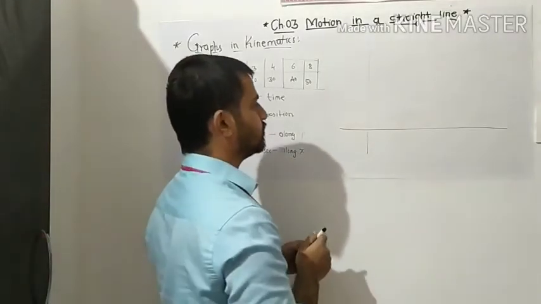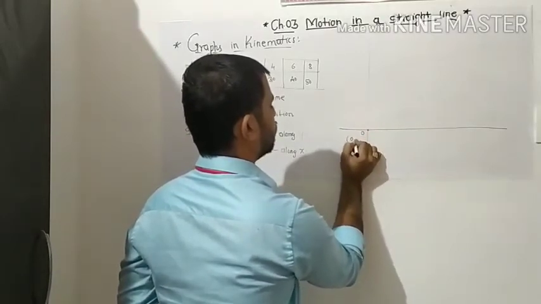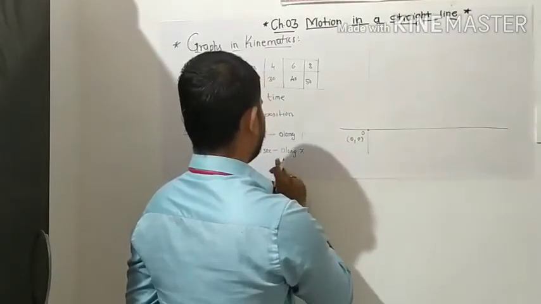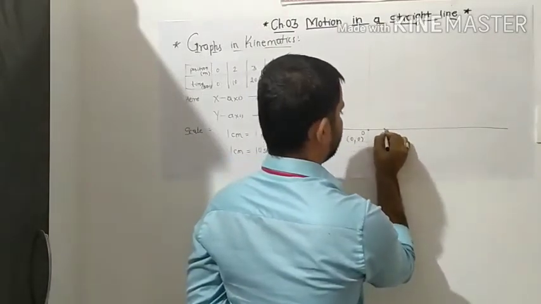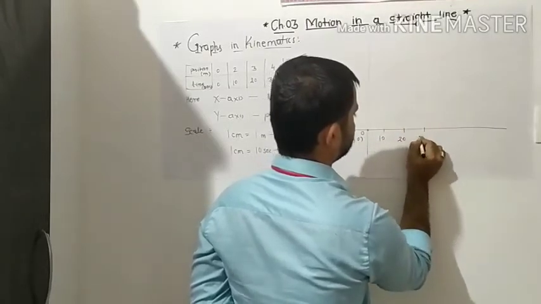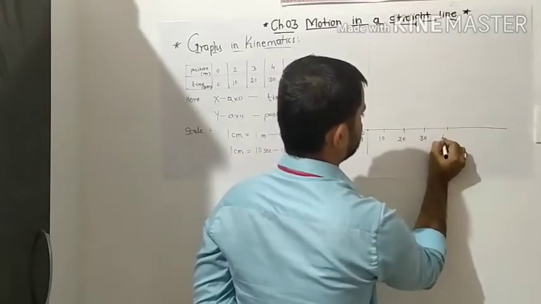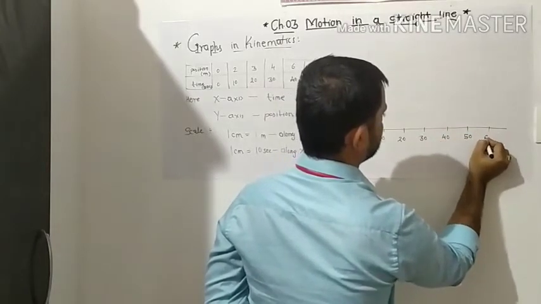So first of all I show the origin. Here it is a point O, having the coordinates 0 and 0. Then 1 centimeter is equal to 10 seconds along the x-axis, so it will be 10, 20, 30, 40, 50, 60.